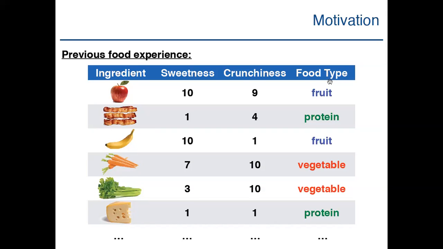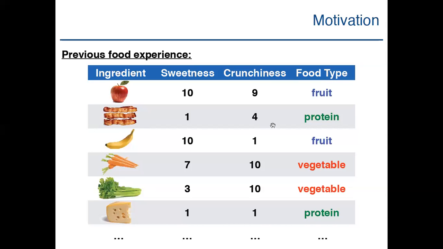Okay. And then you have another category that is the fruit type, and that's actually what you want to predict eventually. Okay, what type of fruit it is? Is it a fruit? Is it a vegetable, or is it something else? Okay. So you have these different options based on the sweetness and crunchiness of that substance.